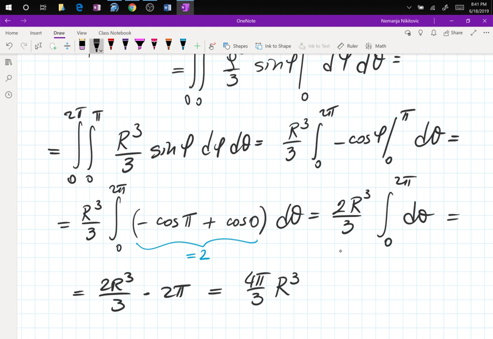And now we take a look at some problems that we can work on.